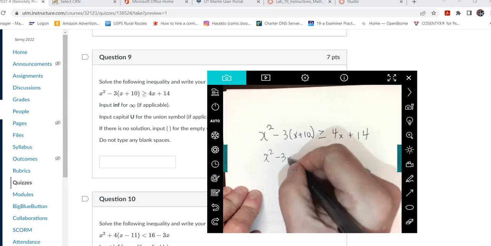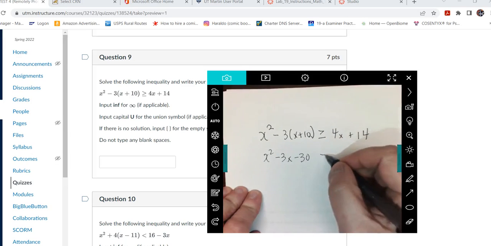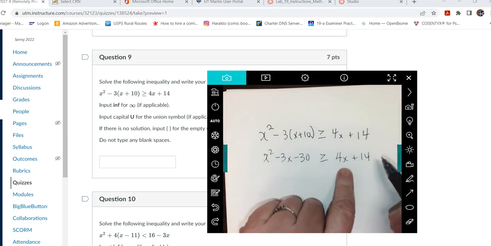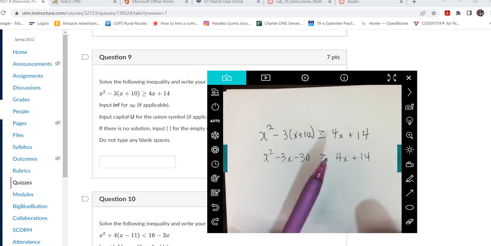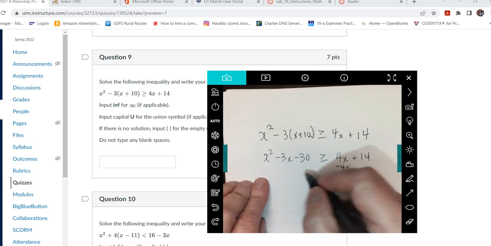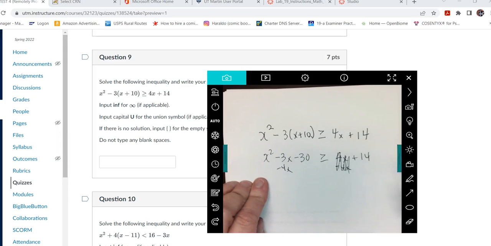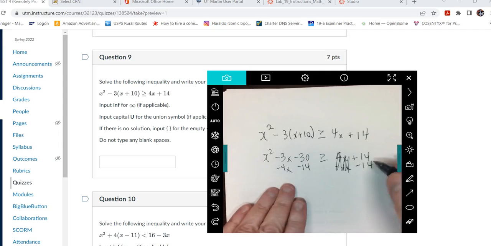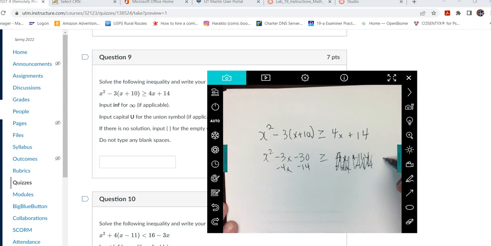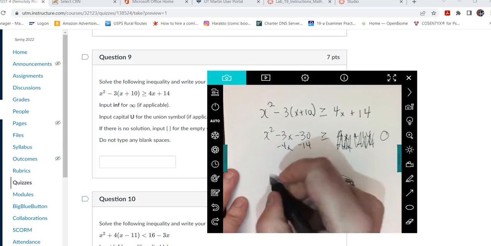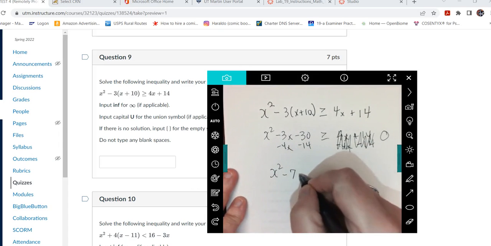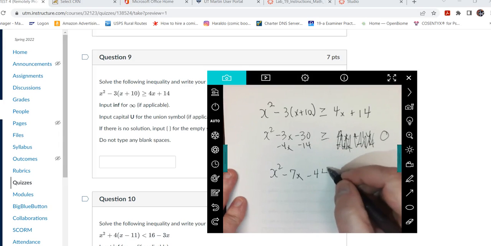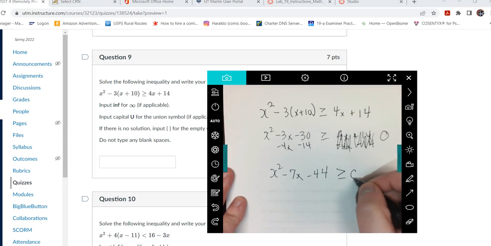So I'm going to have -3x minus 30. Now I need to have this side be 0. So I'm going to subtract 4x from both sides, and I'm going to subtract 14 from both sides. And subtracting does not change the arrow. So I'm going to have x squared minus 7x minus 44 is greater than or equal to 0.